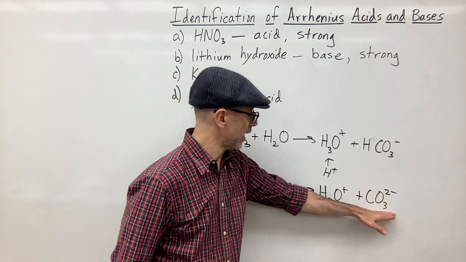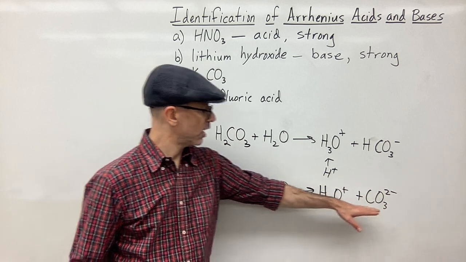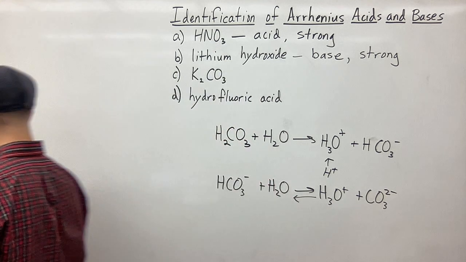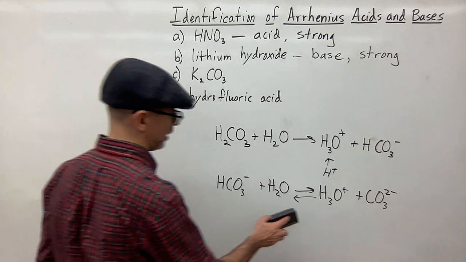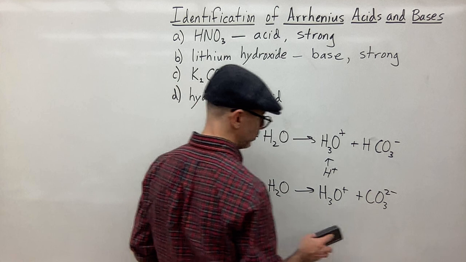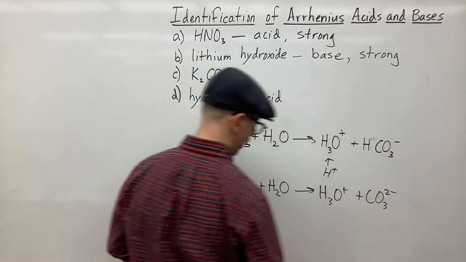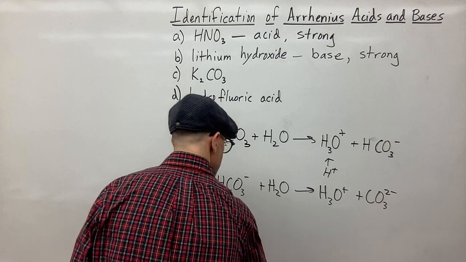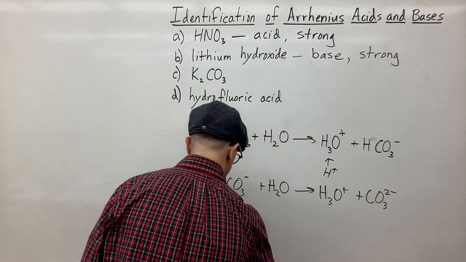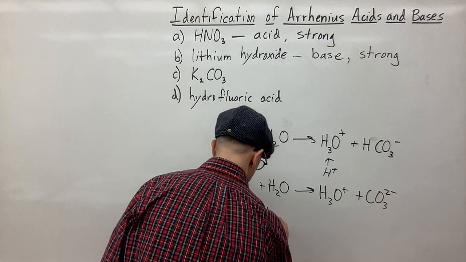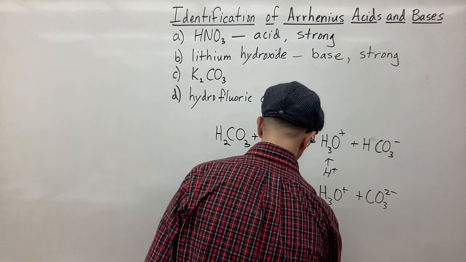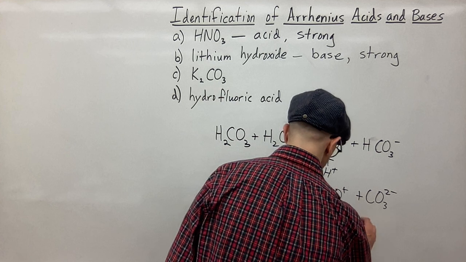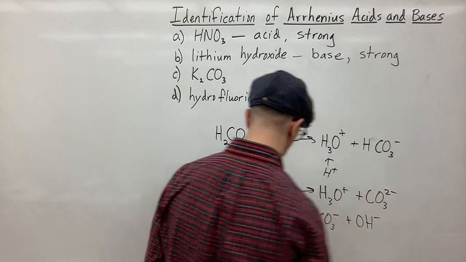So the carbonate ion will take a hydrogen, right? In this case, you could take a hydrogen from water, or hydronium ion, but more likely water. There's probably more water molecules than hydronium ions. So you have CO3 2 minus. That'll react with water as well to get back your HCO3 minus plus your OH minus.